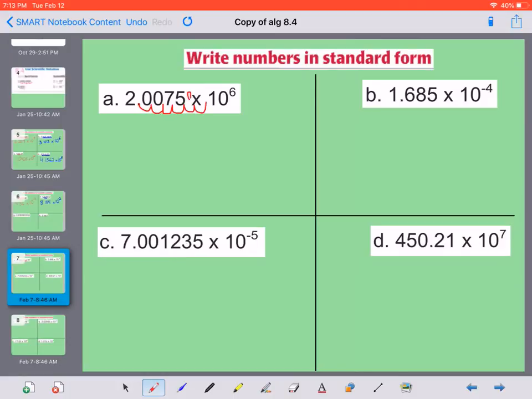We can put a 0 here and a 0 in there. So our new number is now 2, 0, 0, 7, 5, 0, 0. Now if I were to see what number this is, I would have 2,007,500.